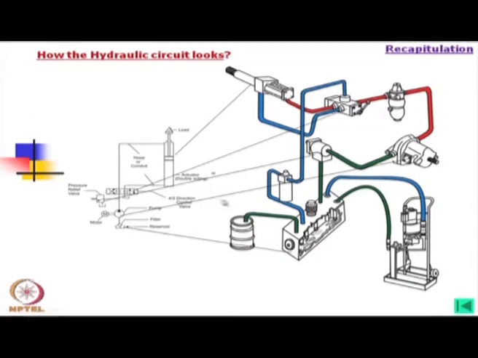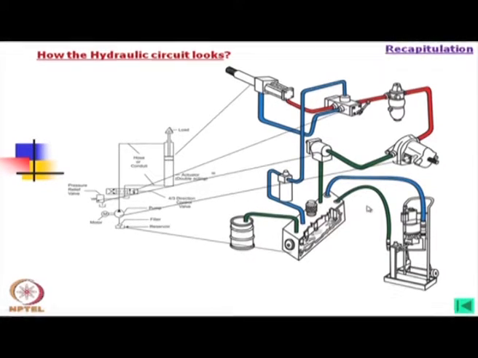What is not shown here is the return line filter, and you can see many things in this valve. Of course, this is not part of the hydraulic system, but sometimes in some systems these are used.